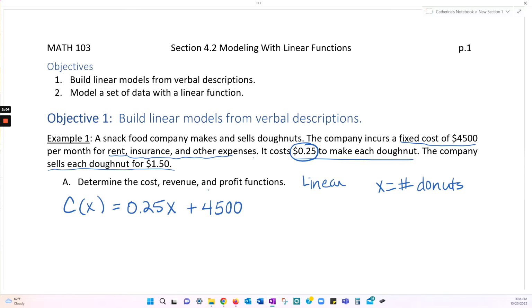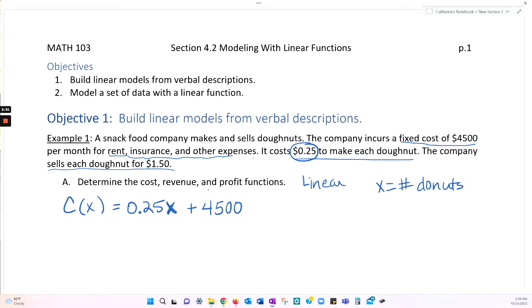So then the 25 cents, that's going to take into account the ingredients that it costs for one donut, and then maybe labor costs and that sort of thing. And so that's going to be very much dependent on how many donuts you make. So you're multiplying that by your X.